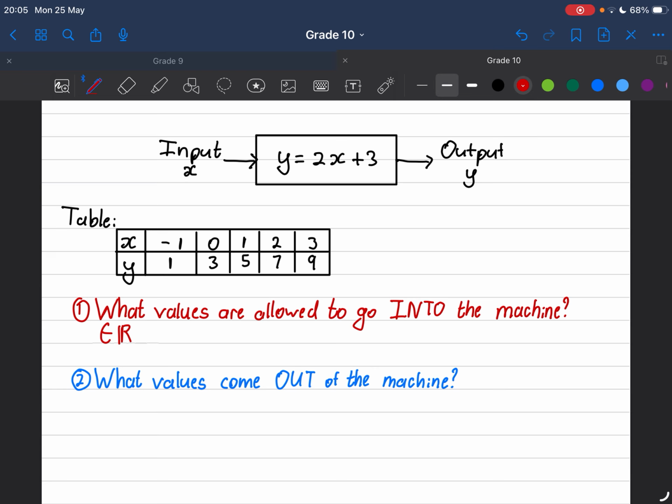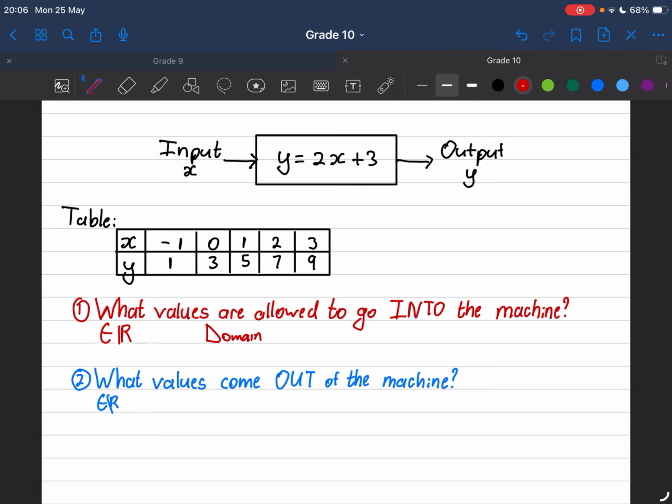If I put a half, I'll get 4. If I put 1.5, I'll get 6. So I can get even those numbers in between, 3, 5, 7. I can get basically any number in the output. So again, I can get every real number.